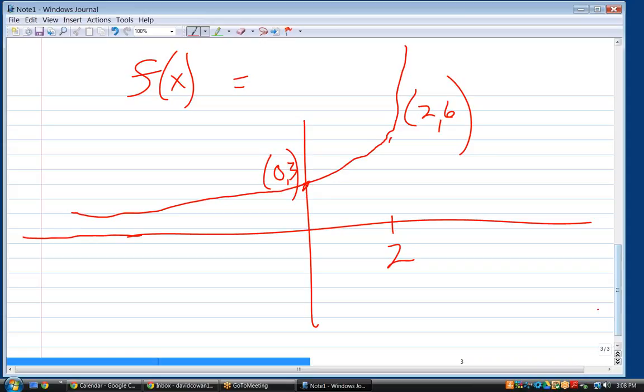Okay. Well, our standard equation is y equals a times b to the x, right? When x is 0, we have 3. Well, no matter what b is, b to the 0 has to be 1. So that means a has to be 3.